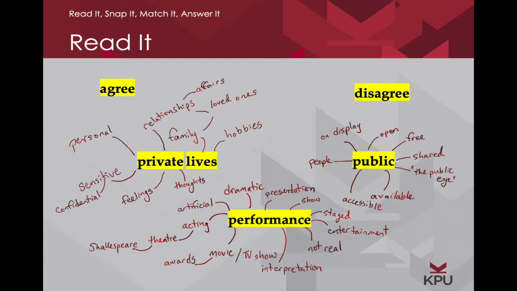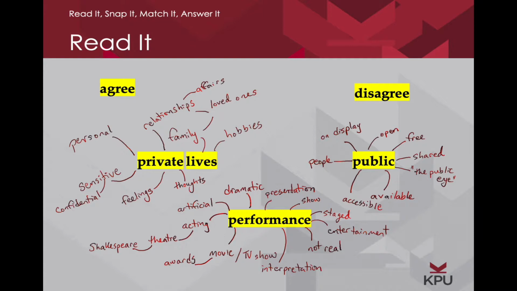If you look at public, you might think of on display or open or free or shared or people, accessible, available, sometimes the expression the public eye. If you look at performance, you might think in a lot of different directions about acting or theater, Shakespeare.